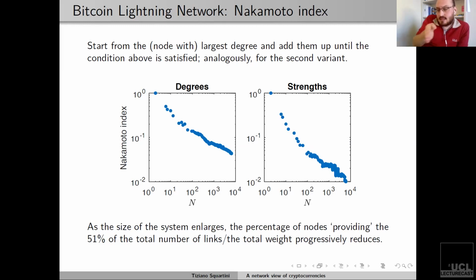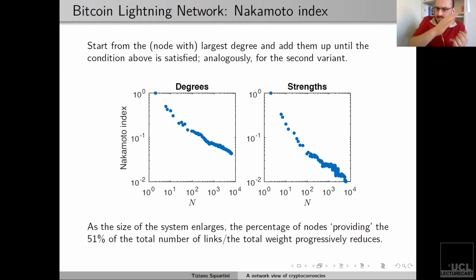So as the number of nodes of the system rises, so the system enlarges, the fraction of nodes that is needed to have 51% of the total number of links and 51% of the total weight of the network is going down, which means that there is some hub, there is some very important node with many connections and heavy connections that basically sums up quite a large percentage of the total number of links and total weight of the network.